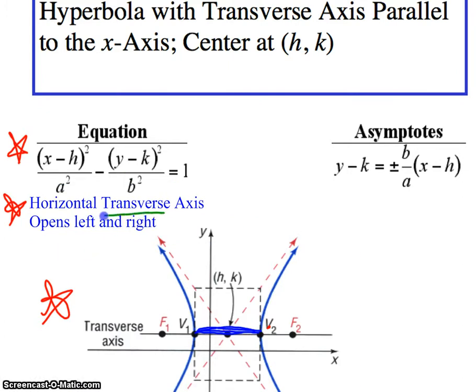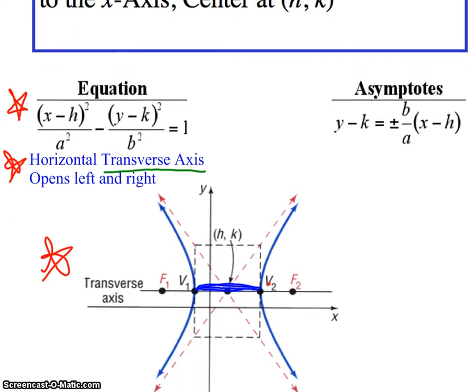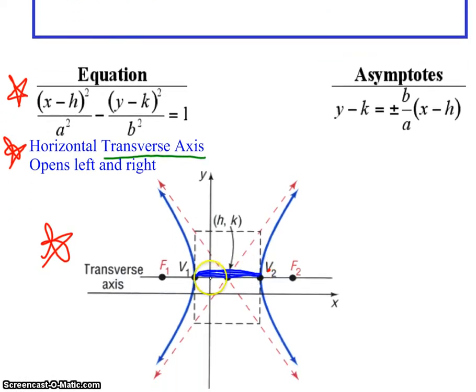It's kind of like the major axis from the ellipse. Remember, if the major axis was horizontal, then it was elongated horizontally. Well, for a hyperbola, if the x is in the front and the y is negative, then it has a horizontal transverse axis, and the hyperbola will open left and right.